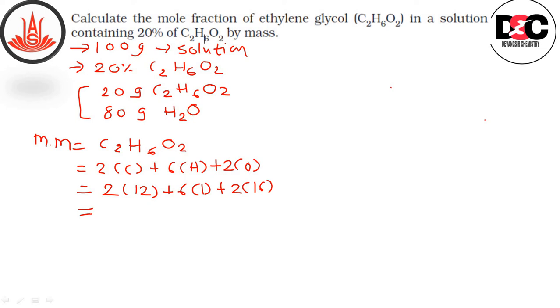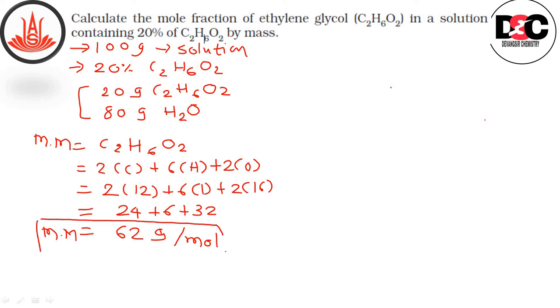Then if you add all this, 12 times 2 is 24, plus 6, plus 32. Total you will be getting 62 gram per mole. This is the molar mass of ethylene glycol.